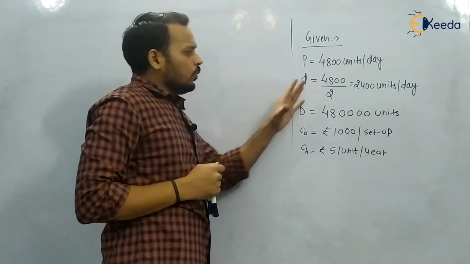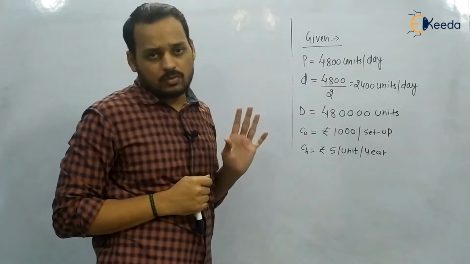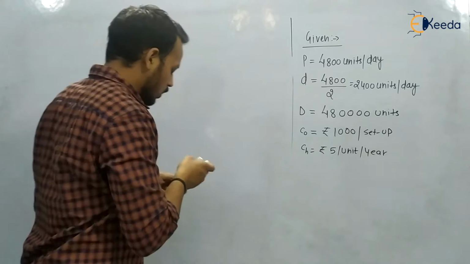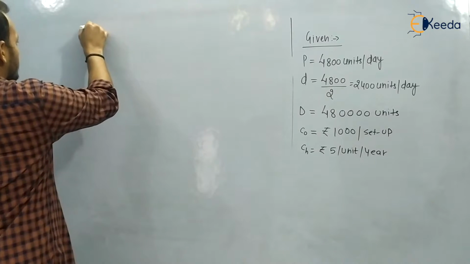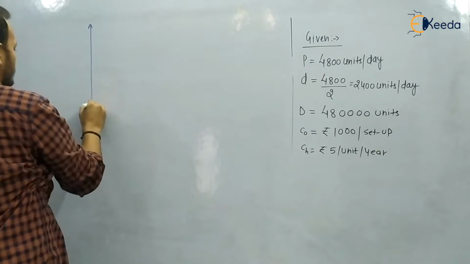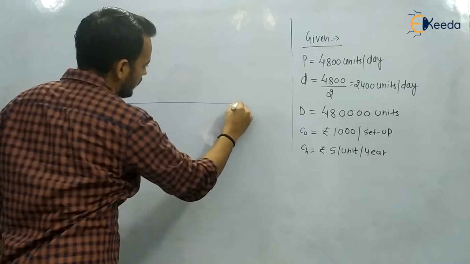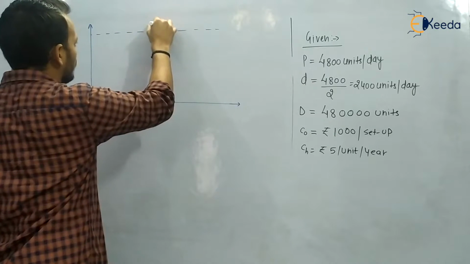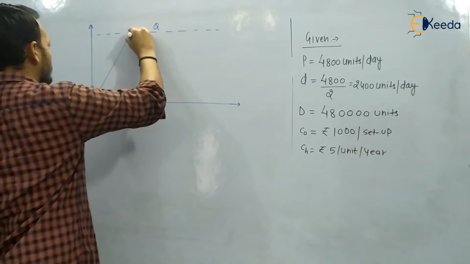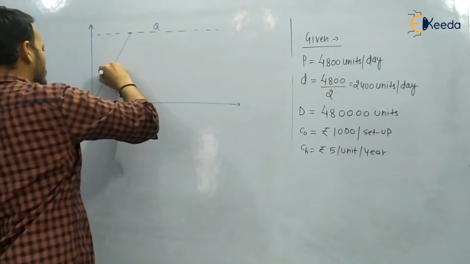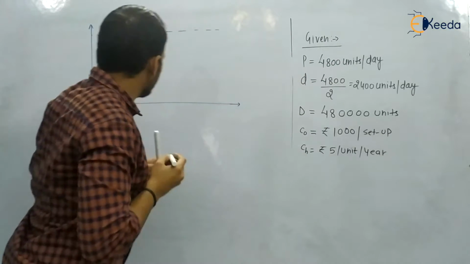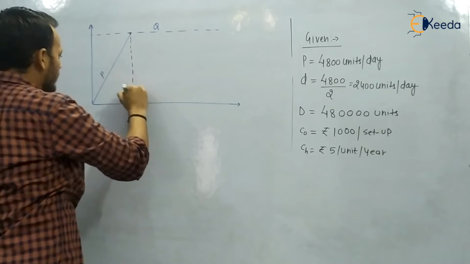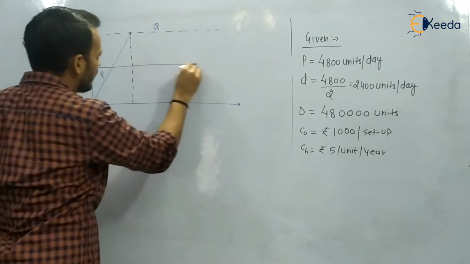We can directly solve the question, but we will draw the graph first, because the graph is very important for this type of question. We have plotted the graph of quantity versus time. This is our Q, and the production is taking place at the rate of P, 4800 units per day. In this model production and consumption take place simultaneously up to the point where maximum inventory is reached.